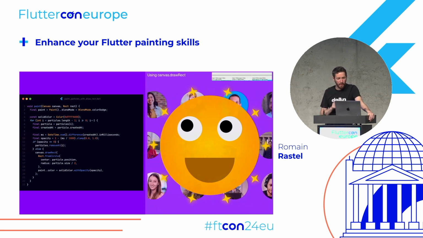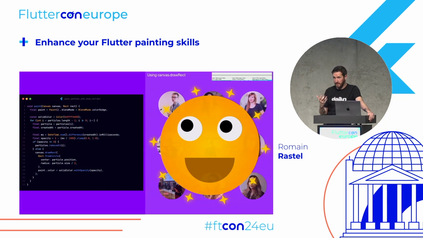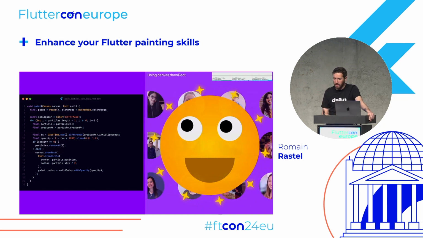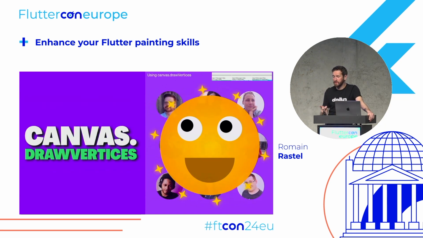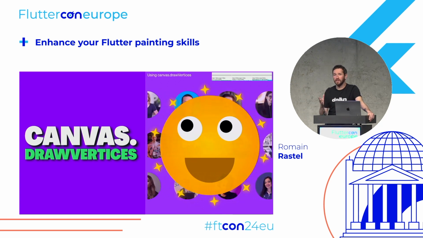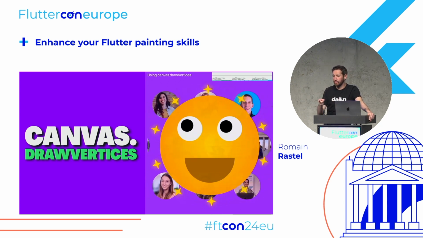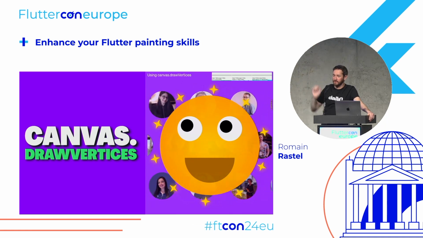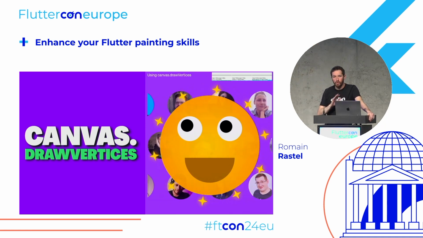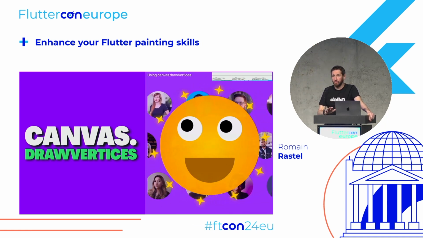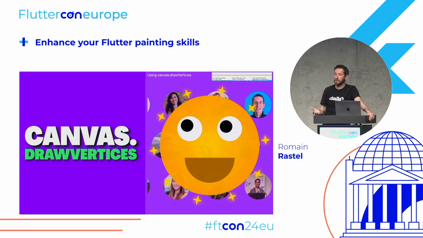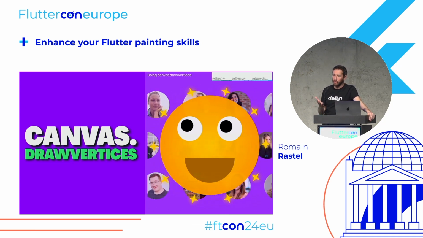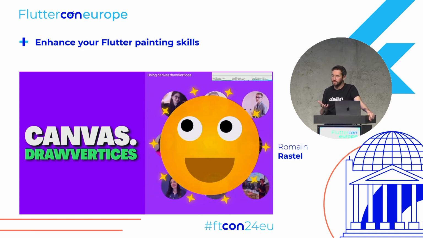So there is a better way to make it efficient. This is the draw vertices method. Once again, raise your hands if you have used draw vertices before. Some people, okay, great. I won't go into all the details of draw vertices here. I just want you to know when it's good to use it.